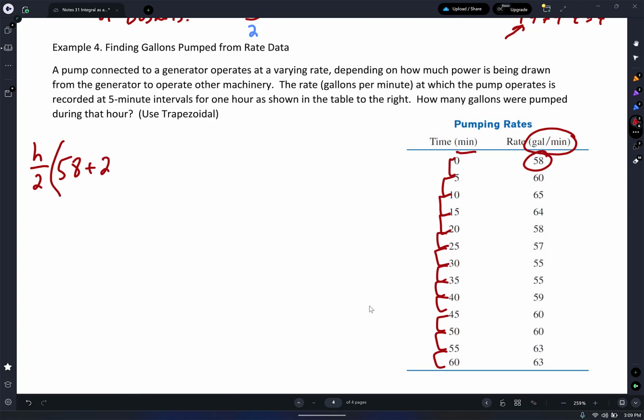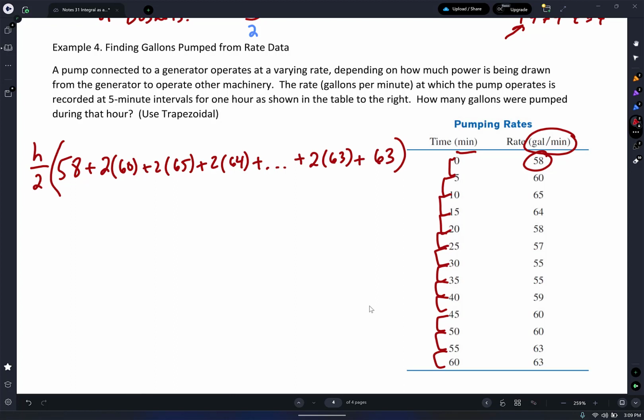A 2. 2 times 60 plus 2 times 65 plus 2 times 64 plus dot dot dot plus 2, and I'm going to go right to the last one. 63 plus 63. That dot dot dot means to continue. Are we okay with that? Is anyone tricked or confused?